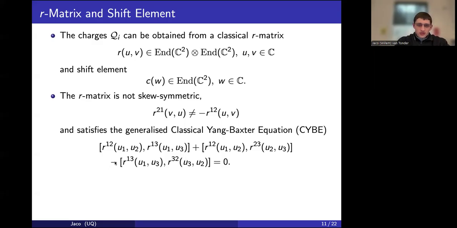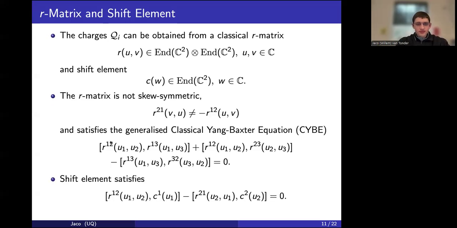So we have this minus here and then a swap in a sense. So these indices refer to which sides the r matrix acts on non-trivially. And for the shift element, we get that it satisfies these commutation relations with the r matrix.